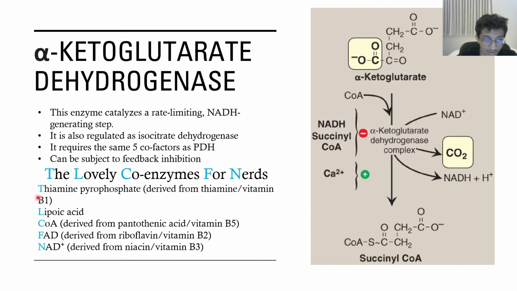You see these, the same coenzymes that were required by PDH, they're also required by this enzyme. And it can be subject to feedback inhibition. For example, if we have enough succinyl-CoA, that will inhibit this enzyme, so the rate of this reaction is lower when we have enough succinyl-CoA. So that's what feedback inhibition means.